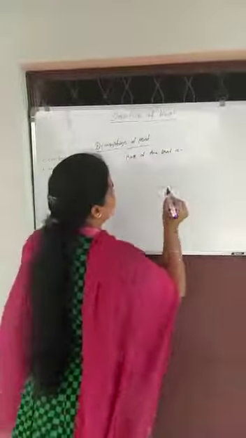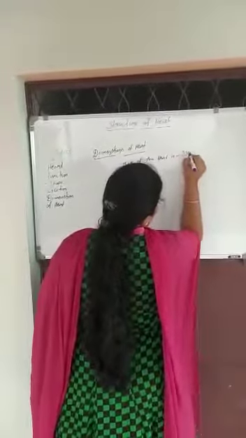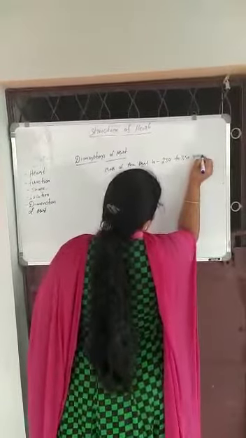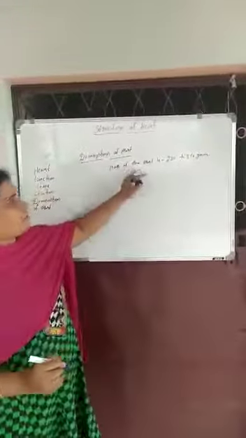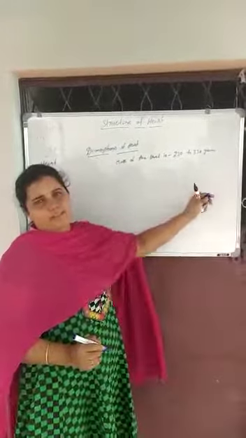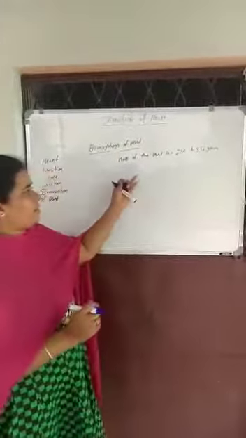In adults, the mass of the heart is 230 to 350 grams, but it varies between males and females.